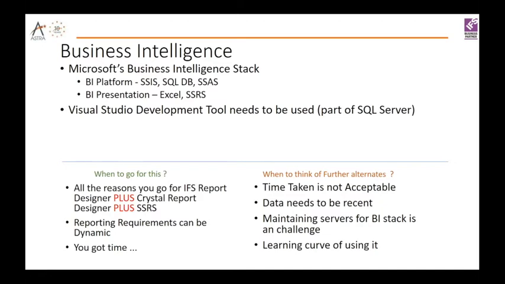It is a transactional database, but it is not a reporting database. When we say a reporting database, it is optimized for reporting. It is quick, and it is more effective in terms of the different views you can get out of it.